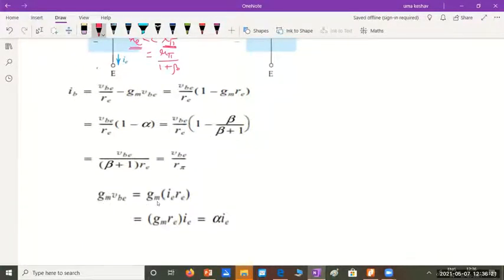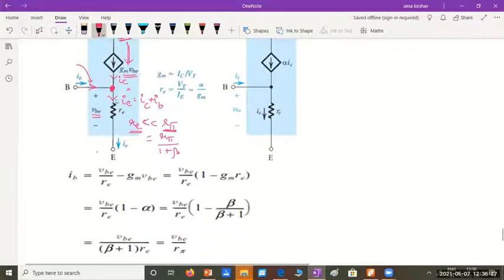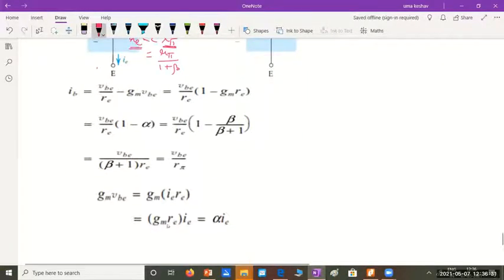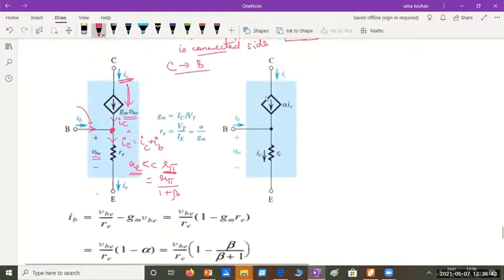GM VBE can be written as GM into IE RE. I know VBE is this voltage, which could be IE into RE, and we know that GM RE represents alpha. GM R pi gives you beta, GM RE gives you alpha. So alpha times IE could be the replacement of the value for this dependent current source.